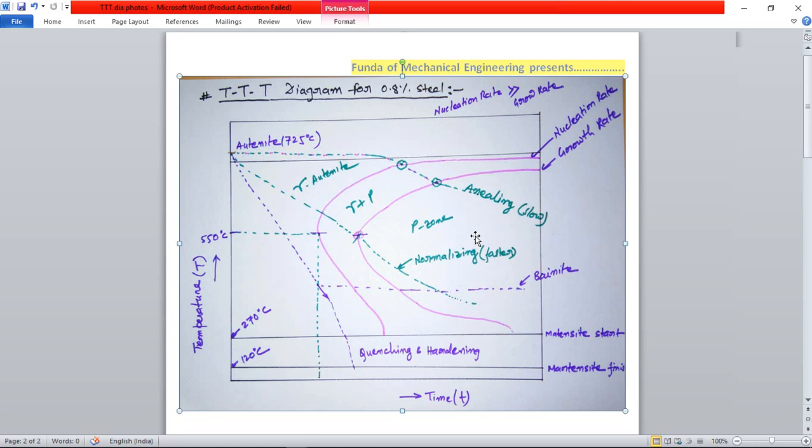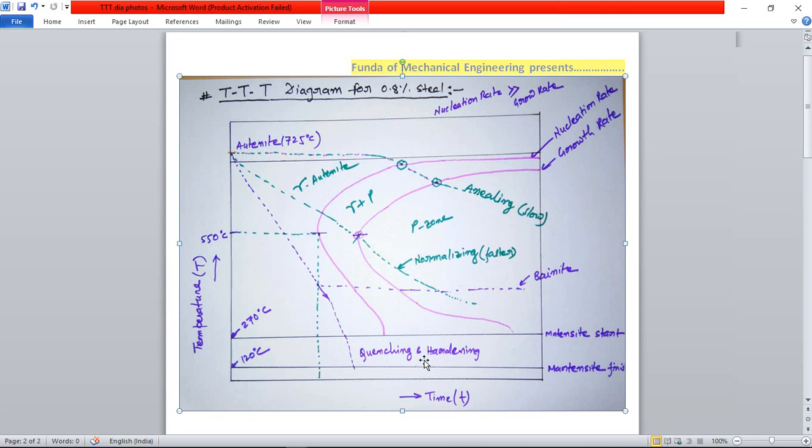What is pearlite? Pearlite is the combination of alpha ferrite plus cementite. I have already explained this in my iron carbon equilibrium diagram lecture. And this region is the region of gamma austenite plus pearlite.